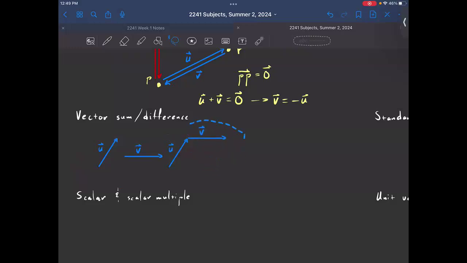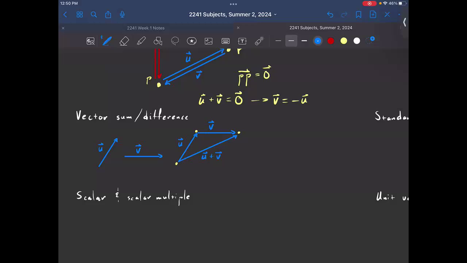This is what I called the tip to tail method. So you put the vector v with its initial point at the terminal point of u, and you just say, well, what's the easiest way for me to get from the start of u to the end of v? And I'll draw that straight line directly between them, and that is the vector sum of u and v.